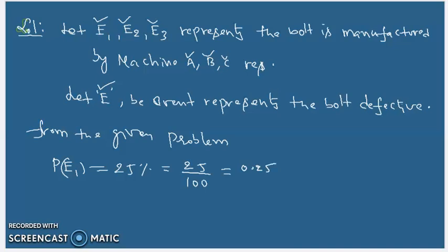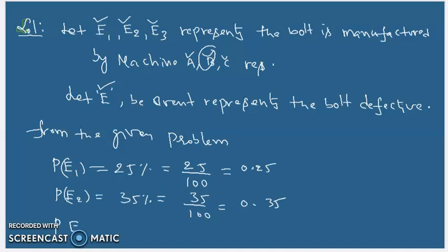0.25. And probability of an event E2. What is the meaning of E2? E2 is the event manufactured bolts by machine B. It is clearly given 35%. That means 35 by 100, that is also equals to 0.35.